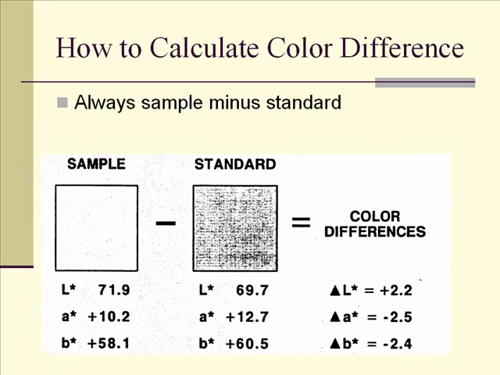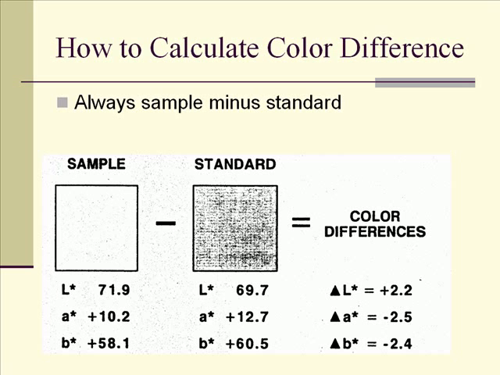When we do our calculations, this is how we do it specifically. We have L, A, and B absolute values for our sample. We have our L, A, and B absolute values for our standard. We subtract the standard from the sample, and we get our delta numbers there. In this example, for L we take 71.9 minus 69.7.